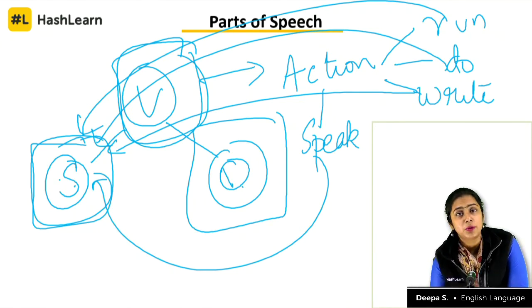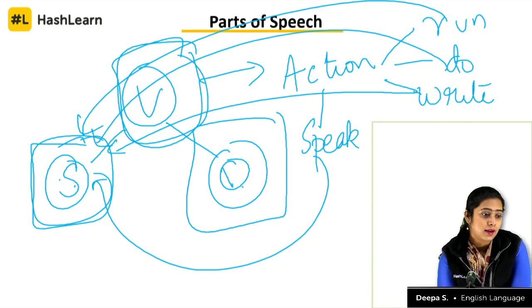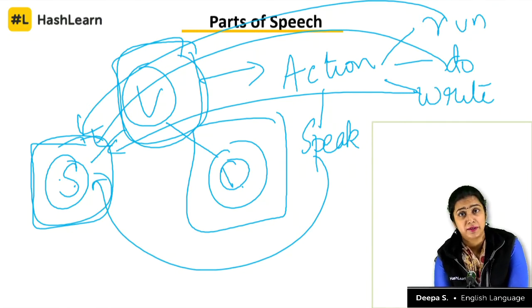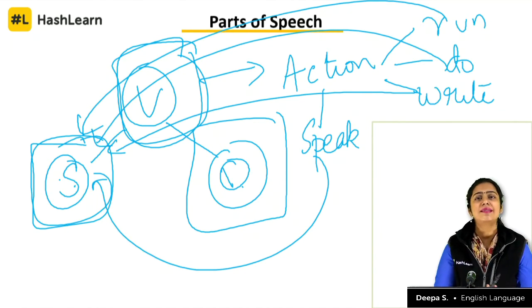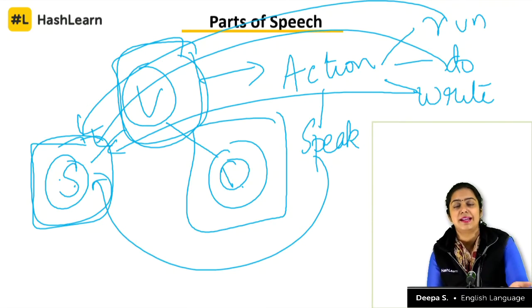But you can make sentences without the subject. For example, I can say, go to the market and get me a couple of books, get me some stationery, switch on the light. In this case, the subject is not defined. You just take it for granted that I'm talking to the next person, the person next to me.